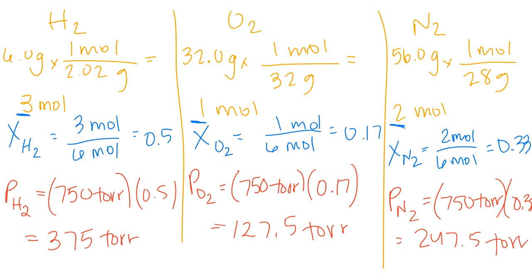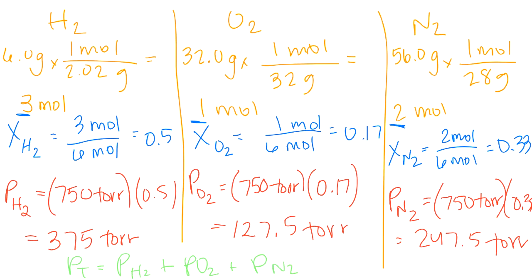So our final answers for this question would be hydrogen has a partial pressure of 375, oxygen has a partial pressure of 127.5, and nitrogen has a partial pressure of 247.5. And one way that you can check yourself is remember the total pressure, according to Dalton's law, should be equal to the pressure of the hydrogen plus the pressure of the oxygen plus the pressure of the nitrogen.